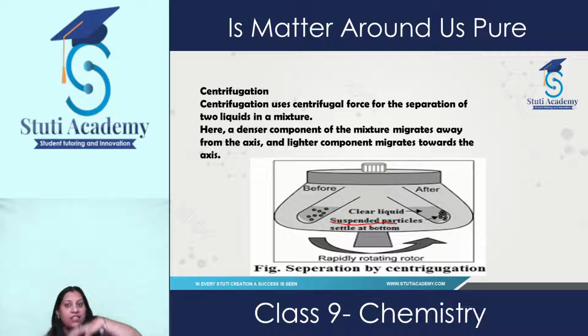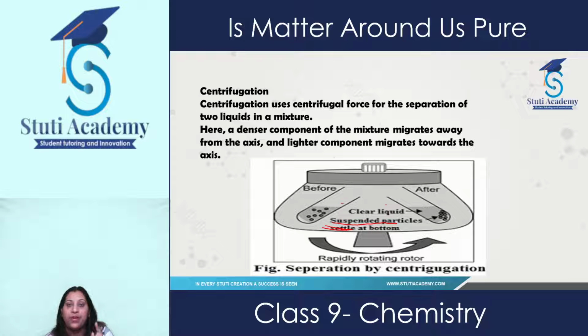If we rotate this mixture at high speed, these suspended particles separate out, and the lighter particles come to the surface and heavier particles settle down. So in this manner, we can easily separate the mixture if insoluble substances are present in a liquid.